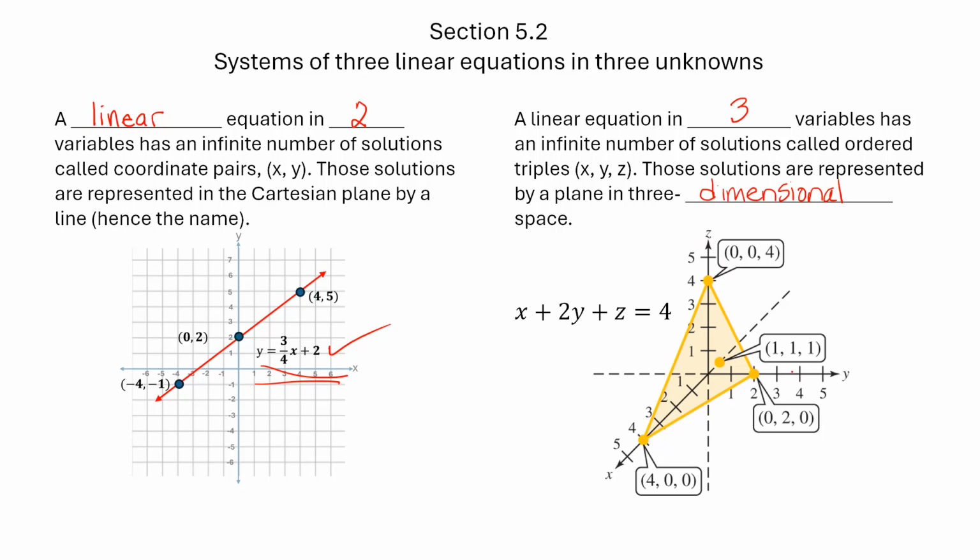So the x, y, z plane that has three axes, and so you can see that this equation represents a plane, a flat surface, where all the points that work in the equation sit all over this thing. There are points, and all those points will work in the equation.